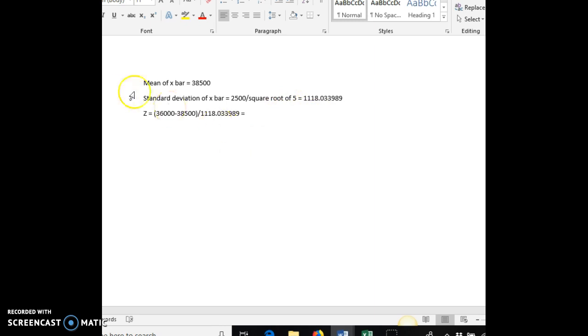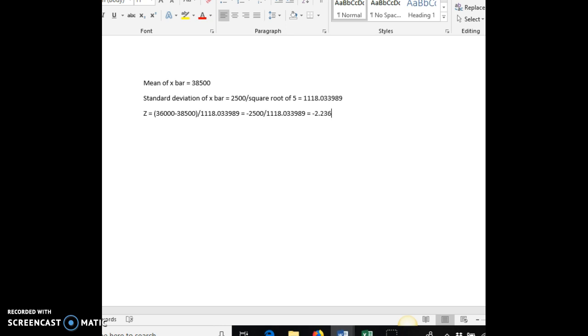So let's do that calculation now. 36,000 minus 38,500 is going to give us negative 2,500. And now let's put the rest of that into our calculator, and we end up getting negative 2.236.